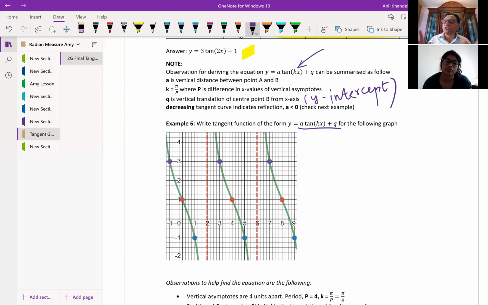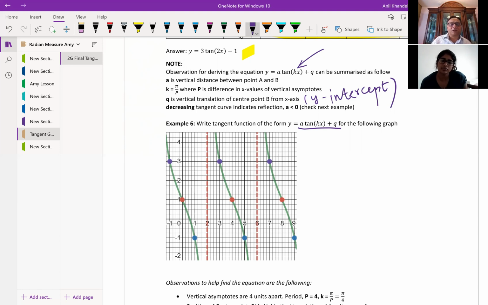Kx means no horizontal translation. Also, you can observe from the symmetry, correct? If both vertical asymptotes are symmetric about the vertical axis, that means no horizontal translation, only stretch and compression. You get the idea? So that clearly indicates it.